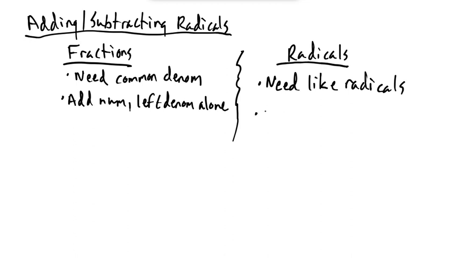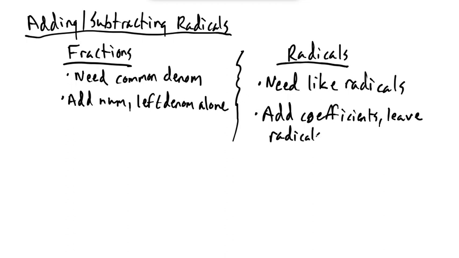Then we add the coefficients, and we leave the radicals alone. So just mess with the coefficients, leave the radicals alone. Let's go through a couple of examples.